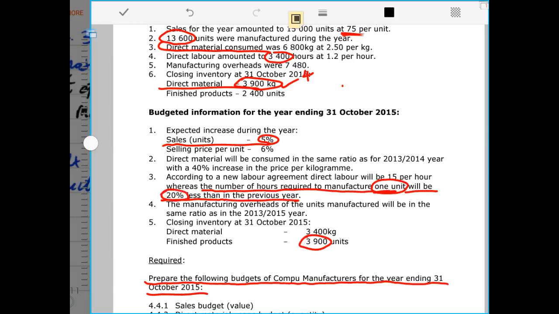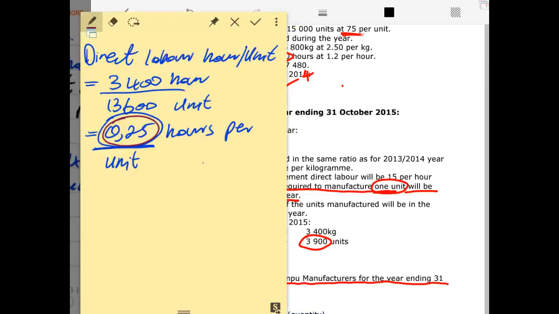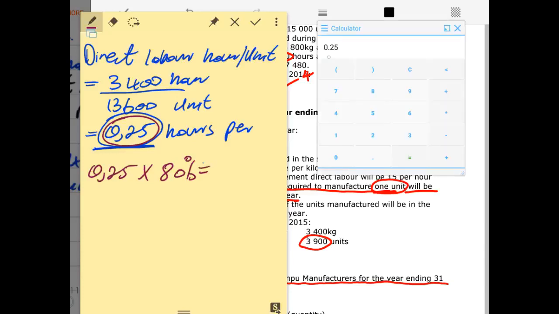It means we must now reduce our labor hours per unit by 20%. So when we reduce, we just have to say 0.25 times 80%. Remember, we are reducing from 100% by 20% to 80%. Therefore, that will just give us the straight correct amount.